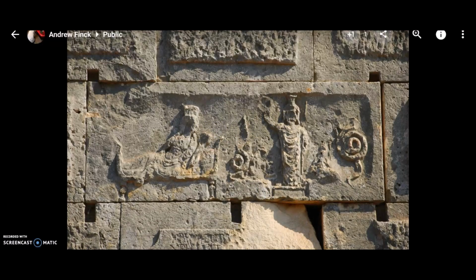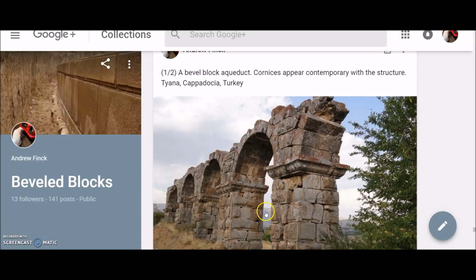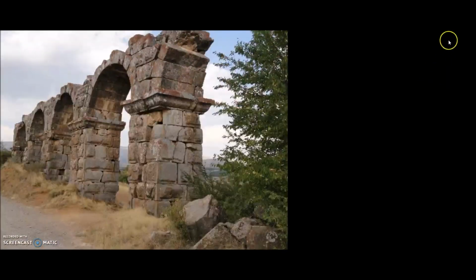So let's move on. Now this one gets pretty controversial. This is the remains of an aqueduct. Cornices appear contemporary with the structure. This is at Tyana, Cappadocia in Turkey. And let's take a closer look here.